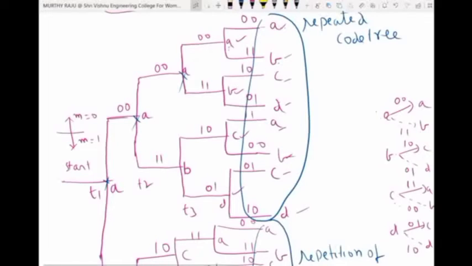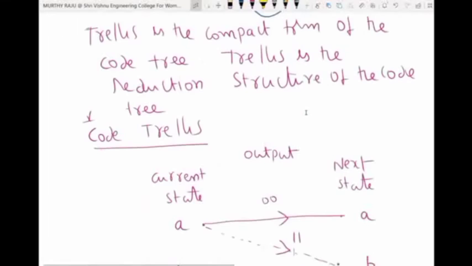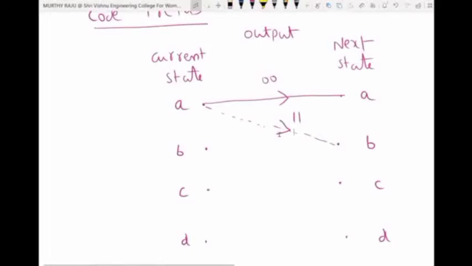B is the current state, D is the next state with output 0 1.